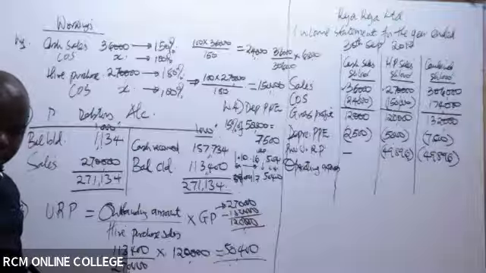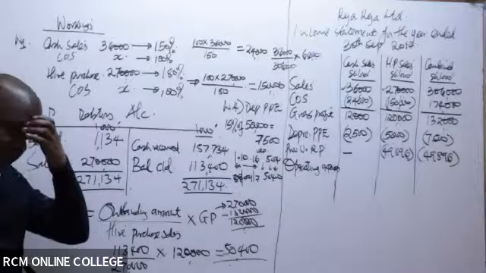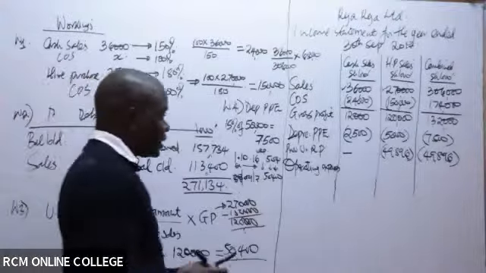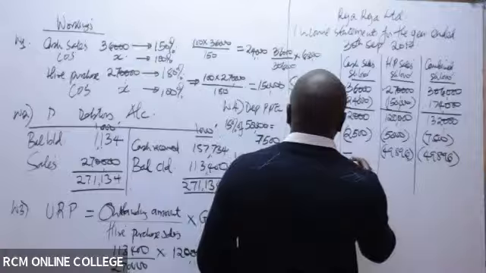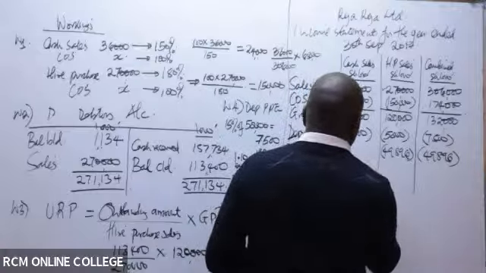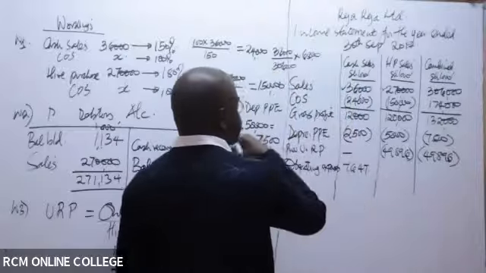I can see you're saying 7,647. You're getting 7,647. So you get the difference by minusing from 65,000.